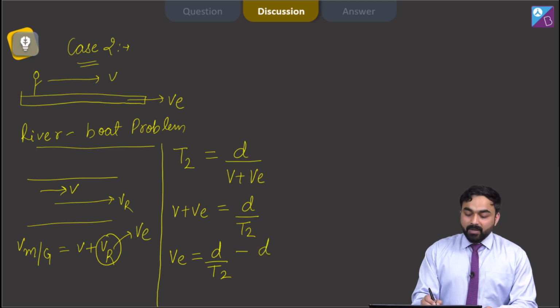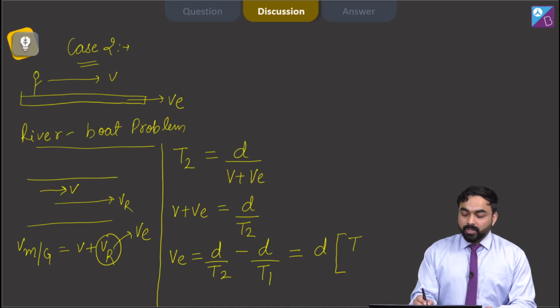So it can be written as d over T1. So this d I am taking common, and this will come out to be (T1 minus T2) over T1 T2.